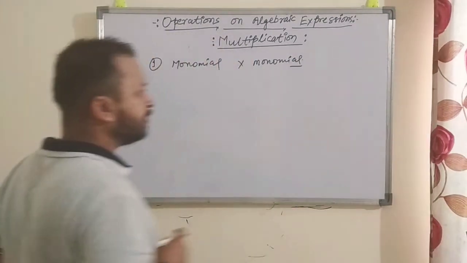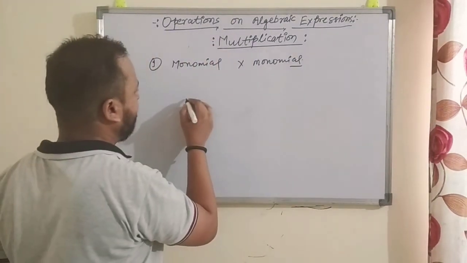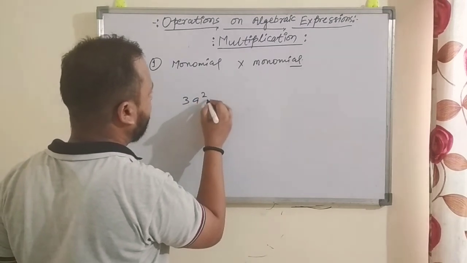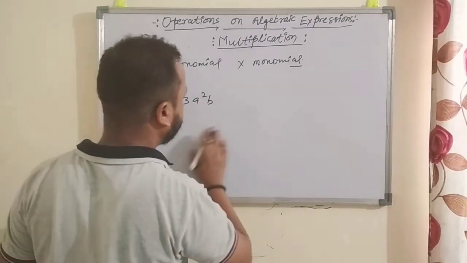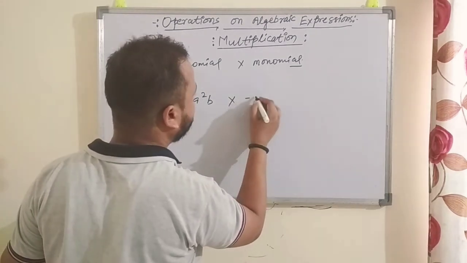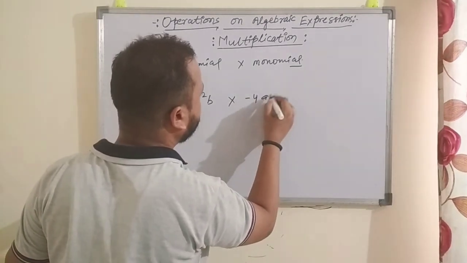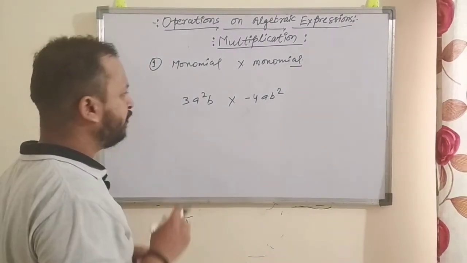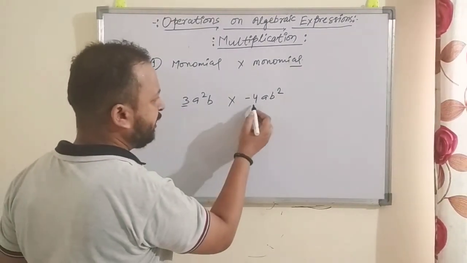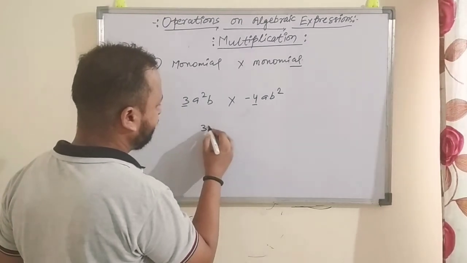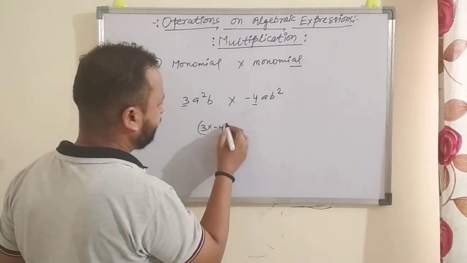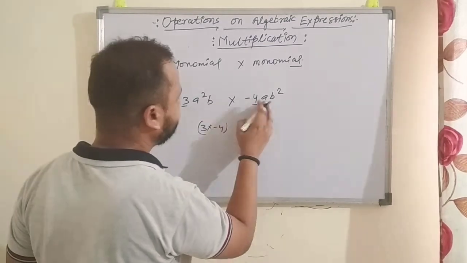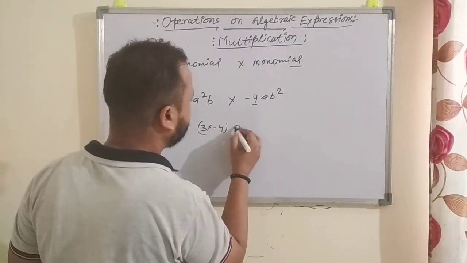right? So if it is written as 3a square b and this is being multiplied by minus 4ab square, what you have to do is first multiply the numbers. So 3 multiplied by minus 4, and then a, the first variable.